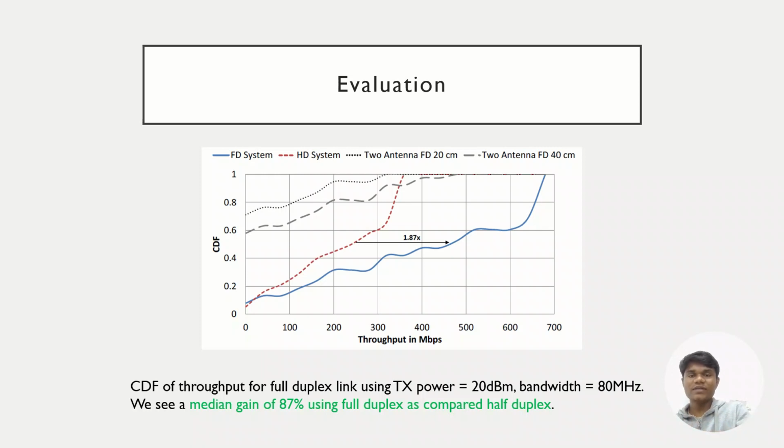And as you can see, compared to the other methods, we see a median gain of 80% using full duplex when compared to half duplex. It was supposed to be 100%, but there's some self interference still remaining, and we are only able to reach that 87% value, which is quite a good number, in my opinion.